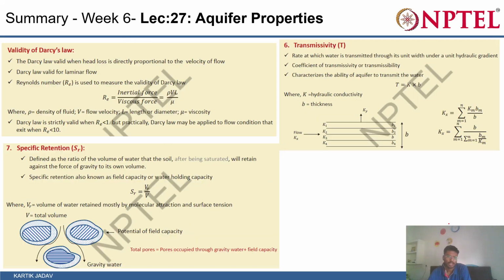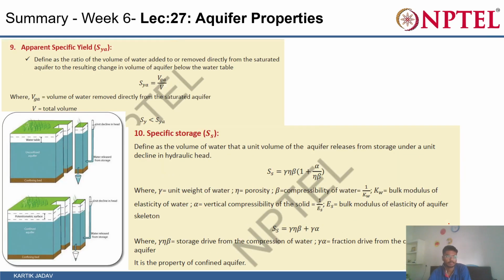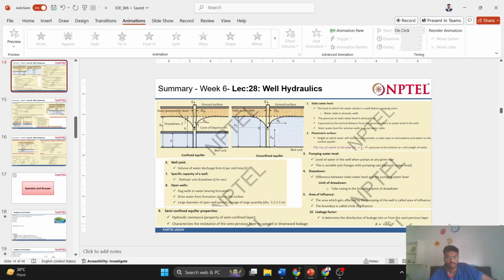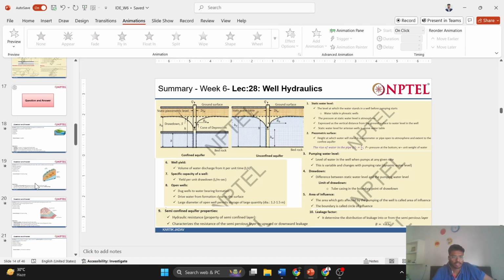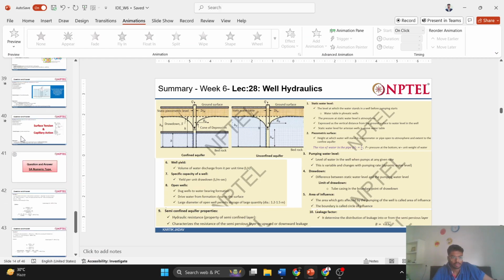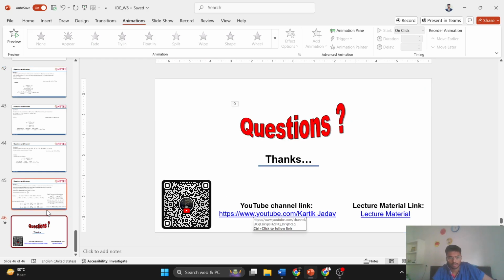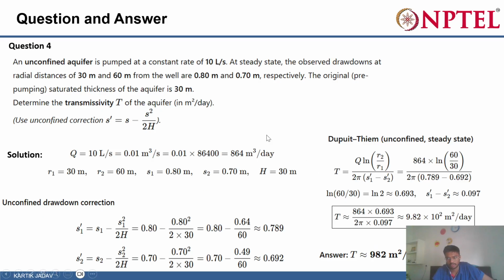Finally we derived equations that provide the discharge of confined and unconfined aquifers using their properties, that is fundamentally hydraulic conductivity and transmissibility. We also solved certain multiple choice questions, and finally ended this session with numeric questions. I request you to focus more on this type of numerical question for your examination.